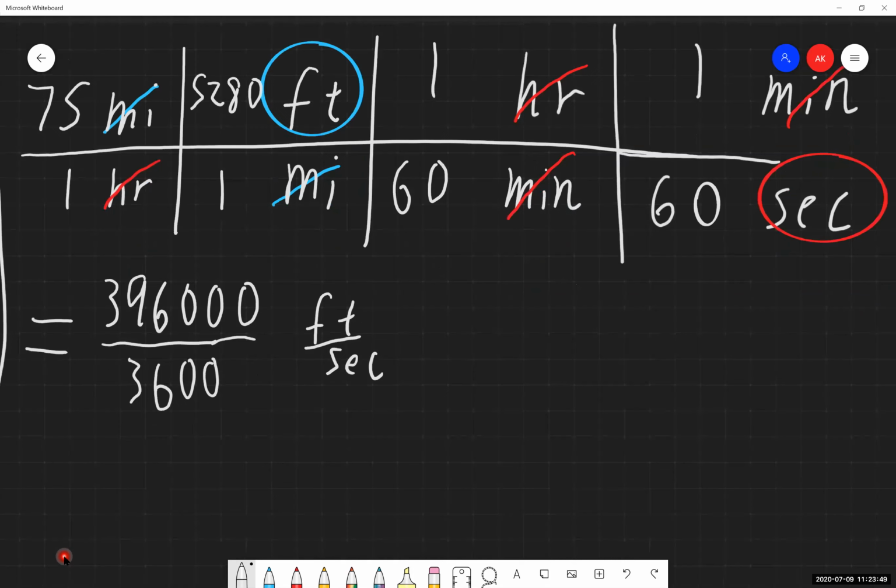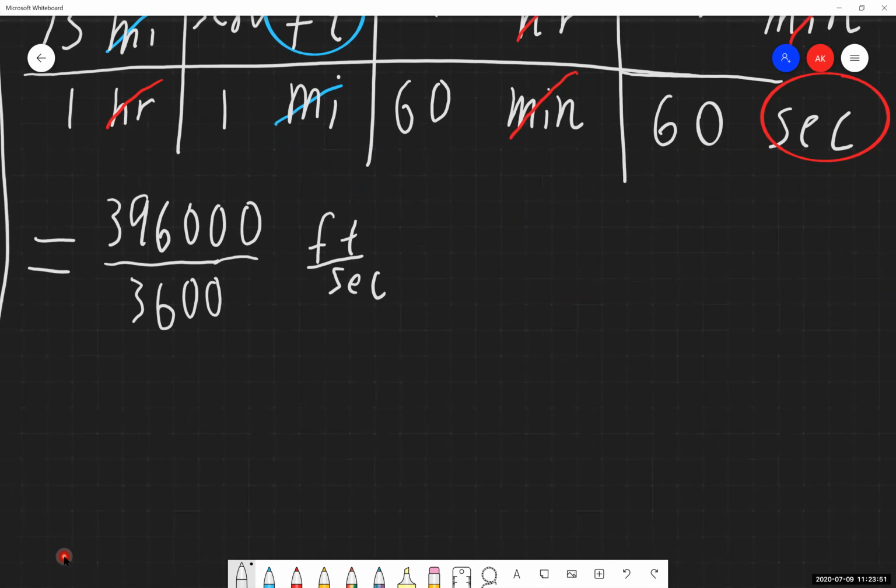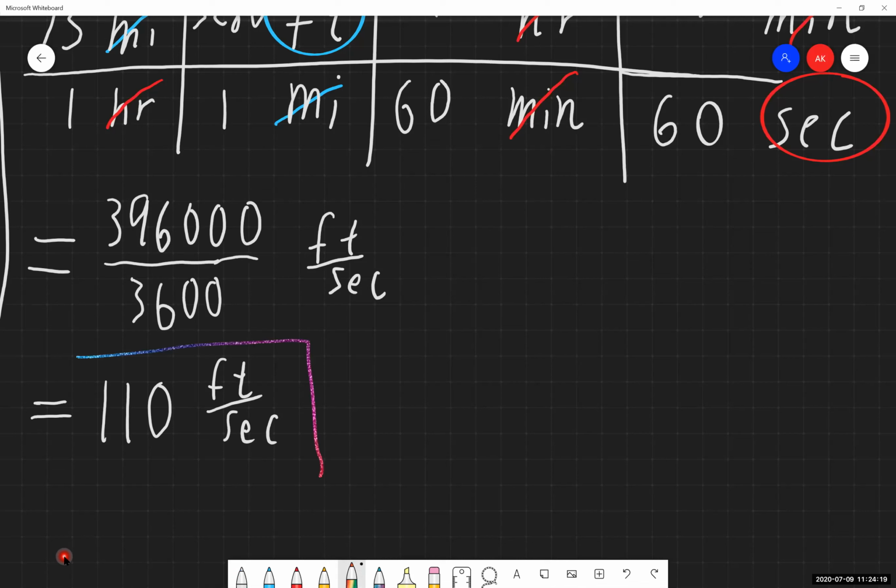And again, getting a fraction showing up, it's kind of gross. But again, we're going to let the calculator take care of this for us. So maybe 396,000 divided by 3,600. And I'm getting 110. And we have our answer there.